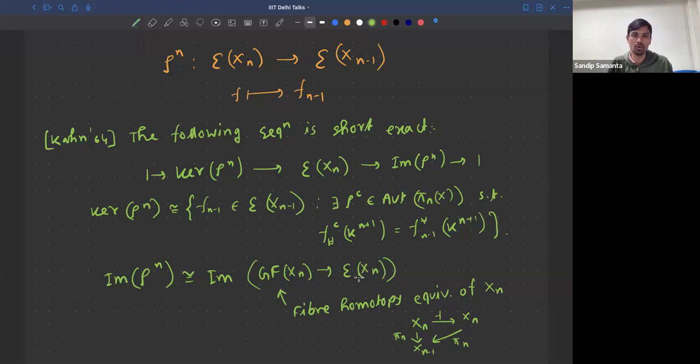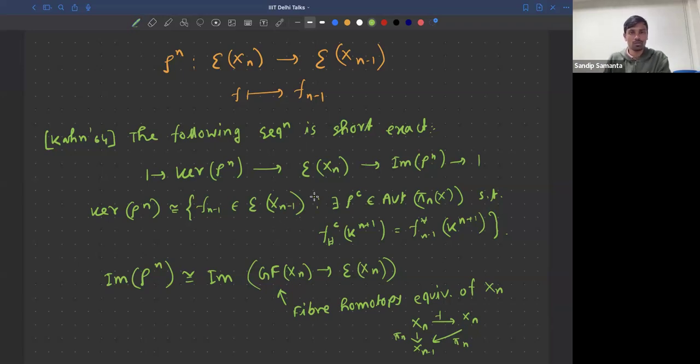So it's a smaller subset of E(Xn). So the image of ρn is identifiable with that set, and this comes from the homotopy equivalences of this lower space, not lower dimensional, but having fewer homotopy groups.